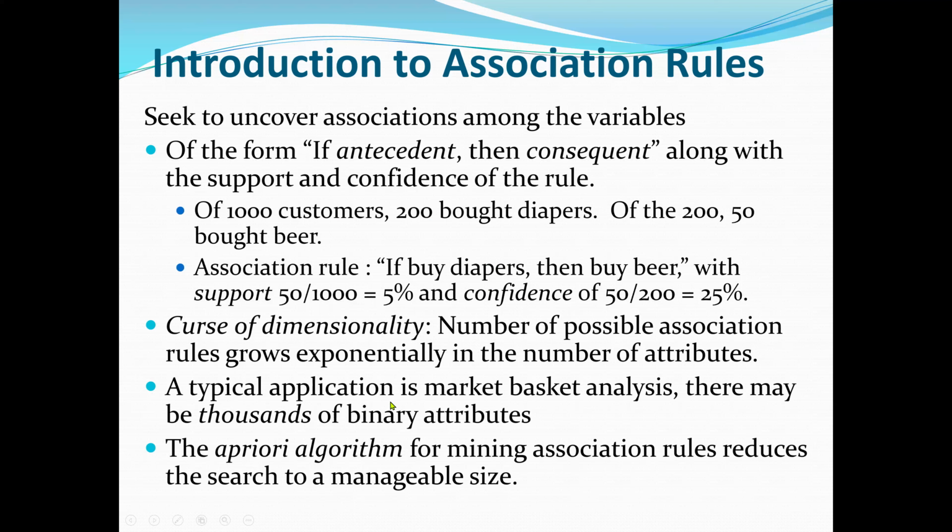So a typical application is market basket analysis. There may be thousands of binary attributes. So this will generate a lot of rules. So the Apriori algorithm for mining association rules reduces the search to a manageable size. That's reducing the rules that are going to be generated to a manageable size.